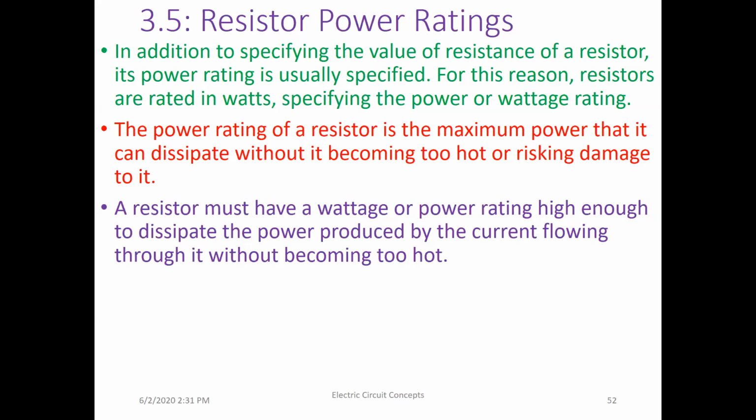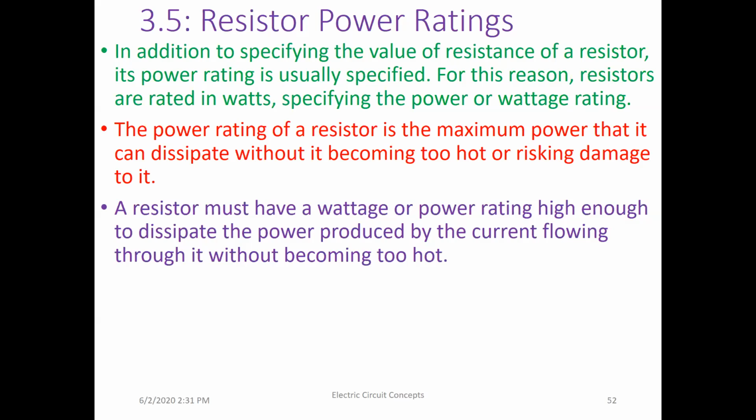When there is a current flowing in the resistance, we know one of the power formulas to determine how much power is dissipated or consumed by the resistance is I squared times R. So if we have a current of 1 amp flowing in a resistance of 100 ohms, then 1 amp squared times 100 is 100 watts.